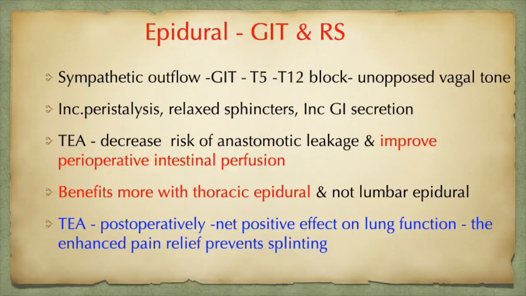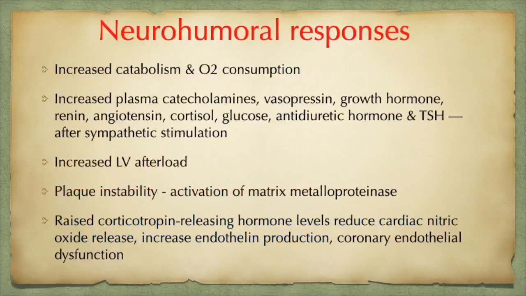The net positive effect on lung function in thoracic epidural anesthesia helps the patient recover in the postoperative period, and the pain relief also prevents splinting of the diaphragm. Neurohumoral responses are many following the surgical and catabolic states.